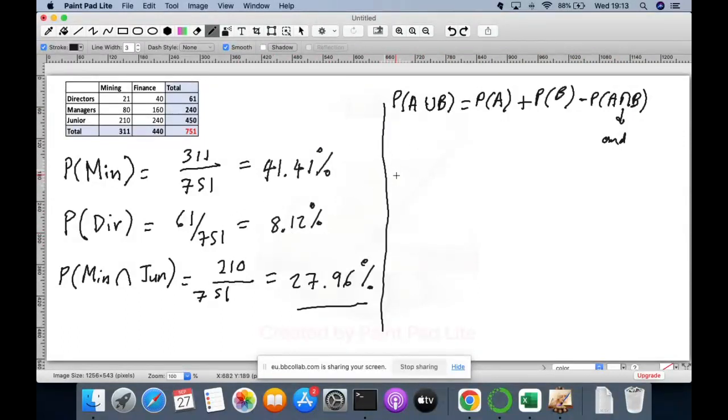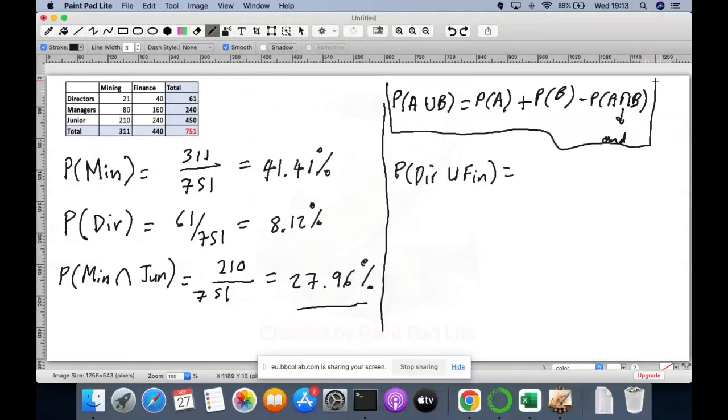Let's say you're asked to work out the probability of being a director or being in the finance sector. I use the symbol for or, and I'll write FIN for finance. So now we're going to use the formula. Instead of A and B, we have director and finance.